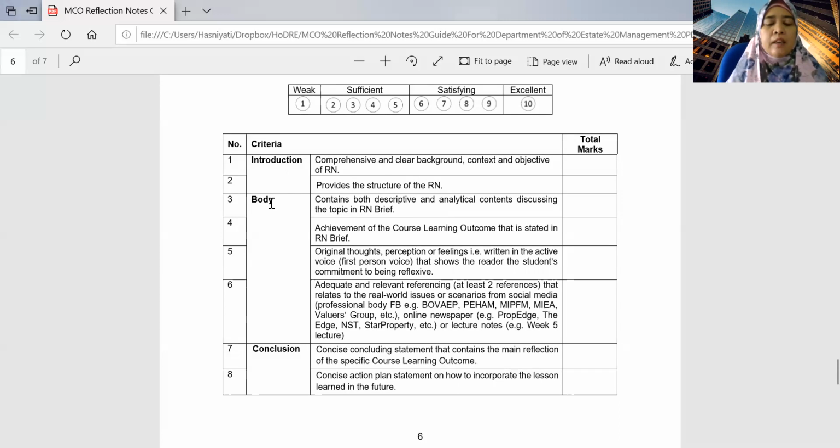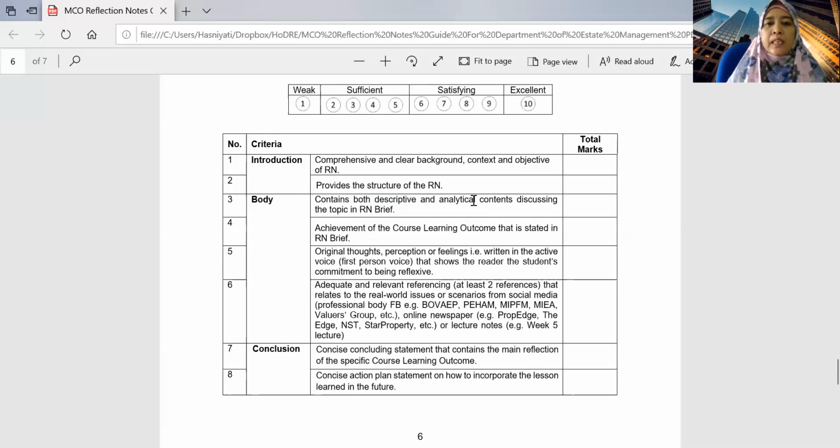And for the body, for the marks, there are 4 elements. The first one is that it must contain both descriptive and analytical content. So you don't just dwell on the descriptive aspect of the topic.